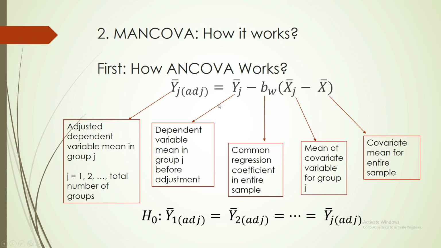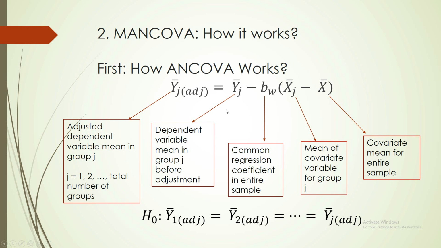This one is the dependent variable mean in group J before the adjustment. Let's say if we were doing an ANOVA, then this would have been the original mean between the groups that would be analyzed for the ANOVA.